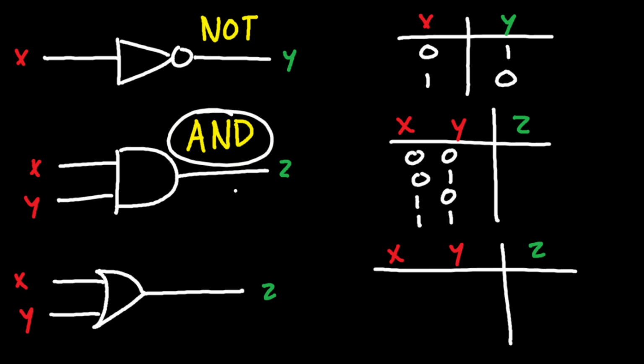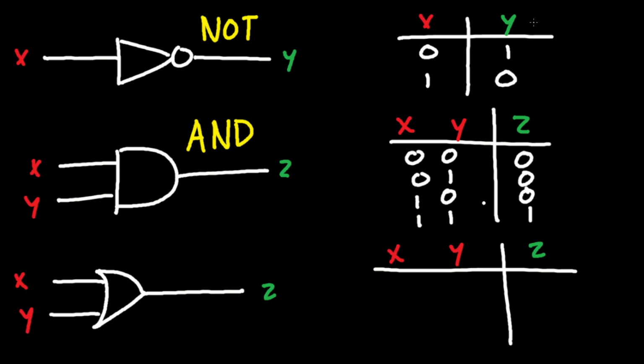And what does the AND gate do? Well, the AND gate only outputs 1, so the Z is the output. It only outputs the binary value 1 when both of them are 1. So when both the inputs are 1, that's the only time when the AND gate outputs a 1. And the name of the AND gate is quite self-explanatory.